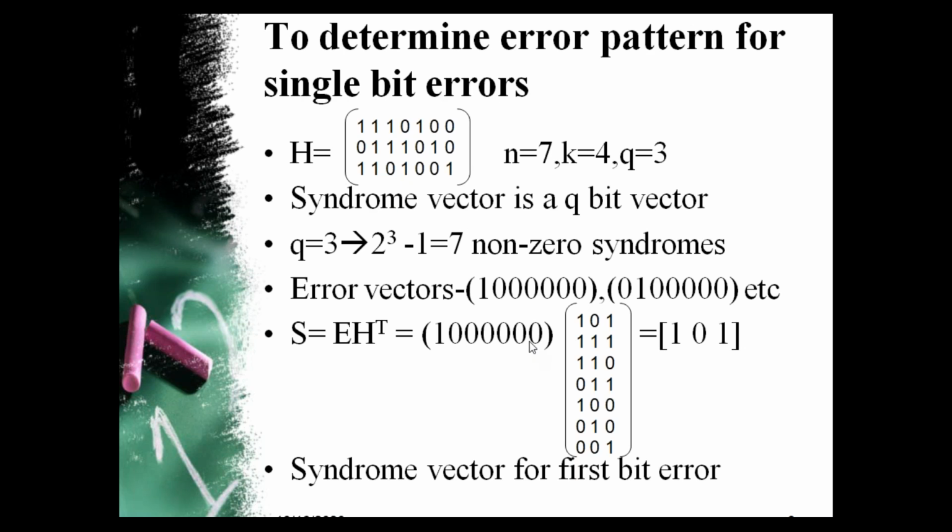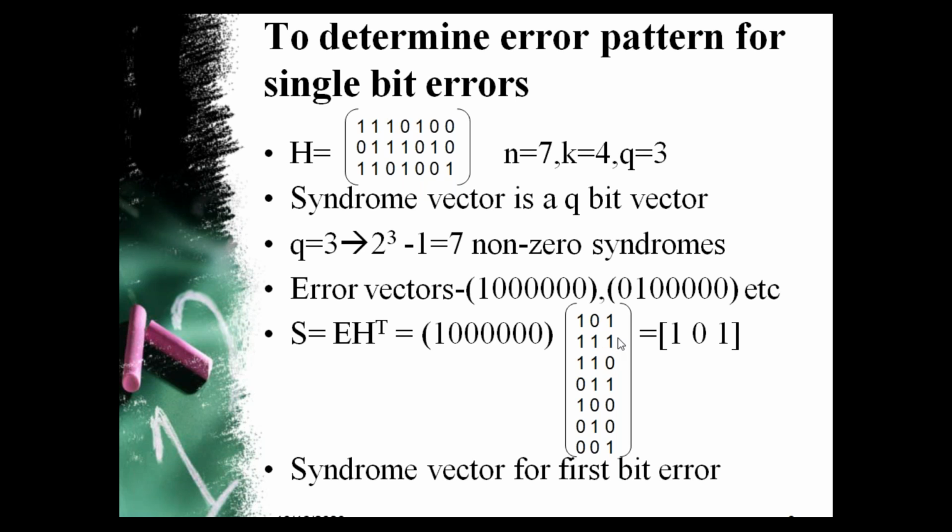We can see the syndrome vector obtained corresponding to the first bit error is the same as the first row of the H transpose matrix. Similarly, the syndrome vector for the second bit error will be the same as the second row of the H transpose matrix. That is, we get 1 1 1.